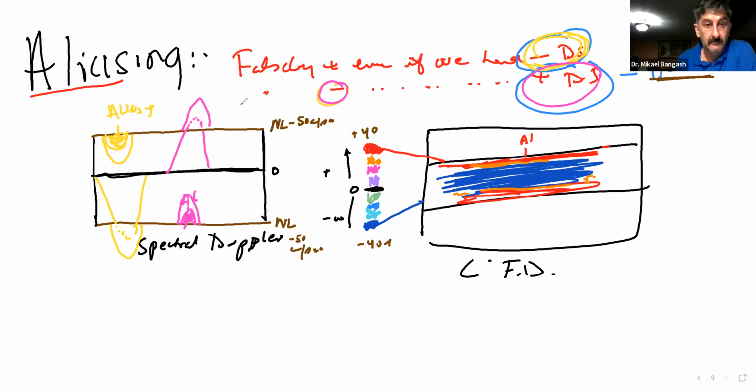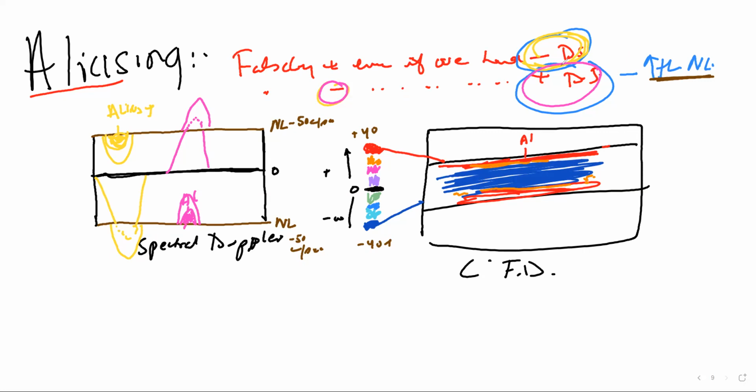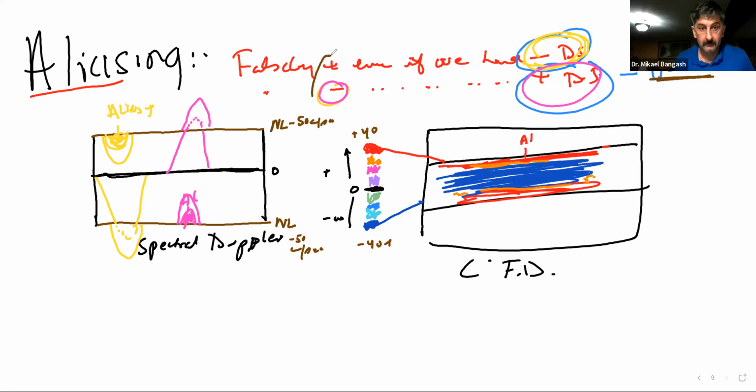And likewise the opposite, that we have a falsely negative Doppler shift, even if we had an actually positive Doppler shift. Did that make sense? Yes. We had this false positive and false negative, or we can say this here was what we call aliasing.